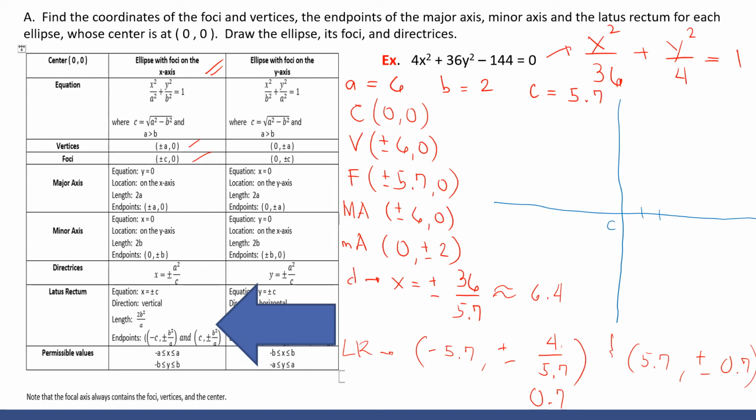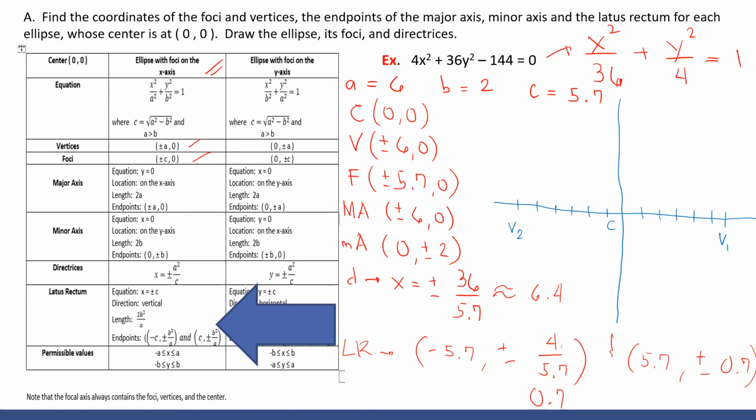Dalawa. Okay? Tatlo, apat, lima, anim. Ito ngayon yung ating vertex 1. And then, kaliwa tayo ng 6 from the origin. Isa, dalawa, tatlo, apat, lima, 6. And this will be our vertex 2. By the way, pwede magkabaliktad.